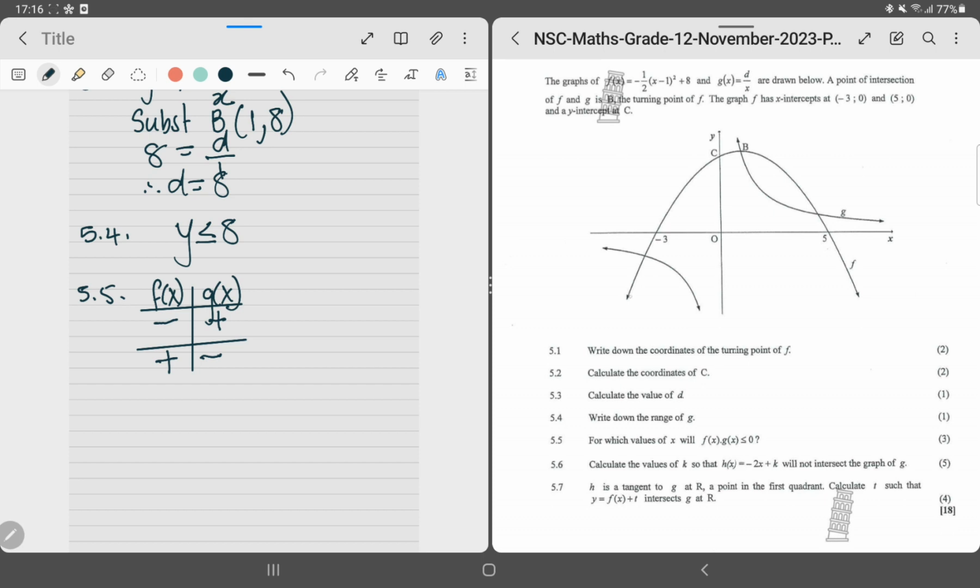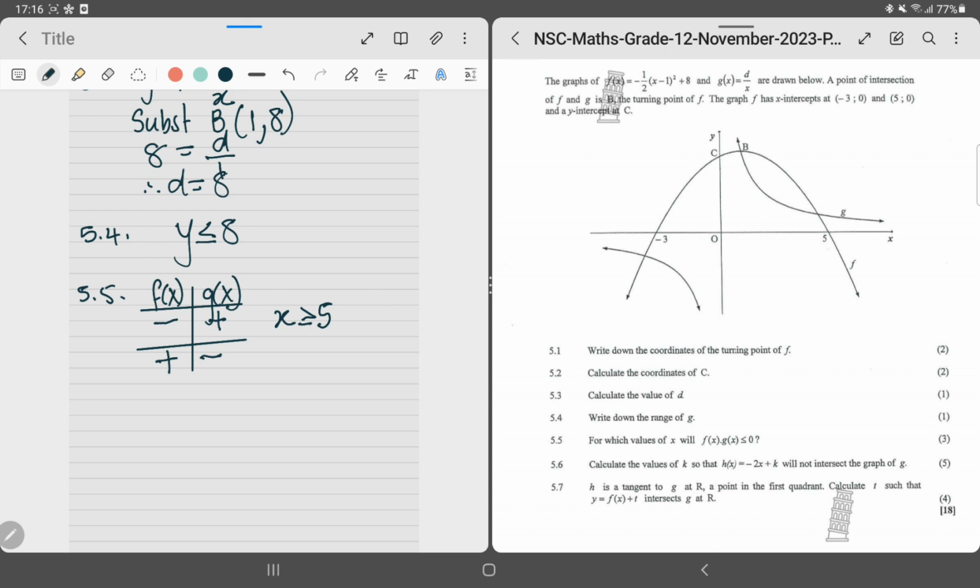Right there f of x is negative, but so is g of x, so that can't be it. From this point going all the way to 5, f of x is positive, so we can't look at that part. But from 5 going onwards, f of x is negative, and g of x is above the x-axis. So for the first part, x should be greater than or equal to 5.